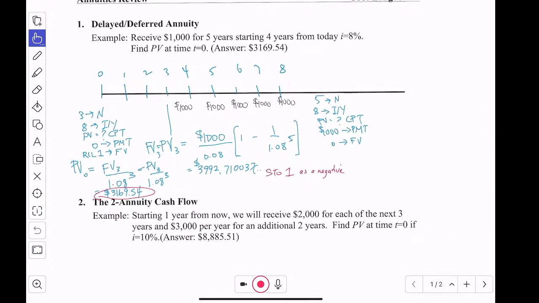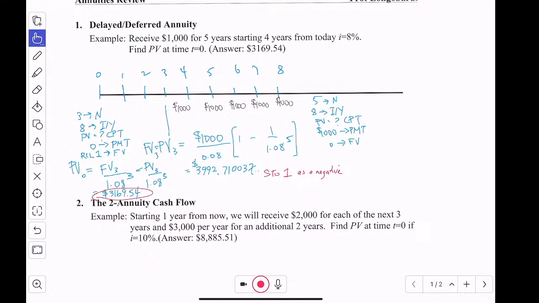Try the second one. I'll give you 10 minutes. And I want to see it as annuities. Remember, I don't want to see you use the net present value formula. I want you to use annuities. So try this one. I'll give you 10 minutes. That's maybe too much, but 10 minutes.